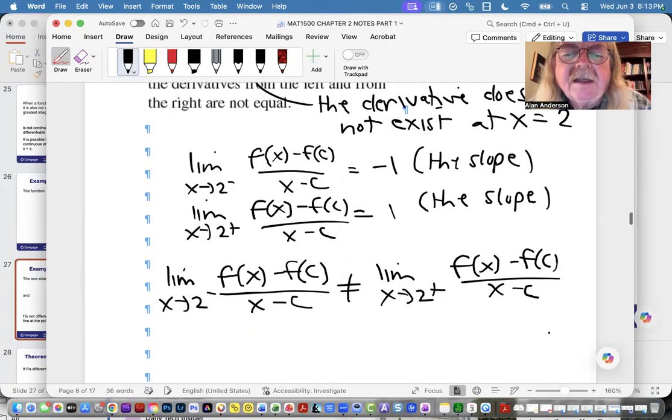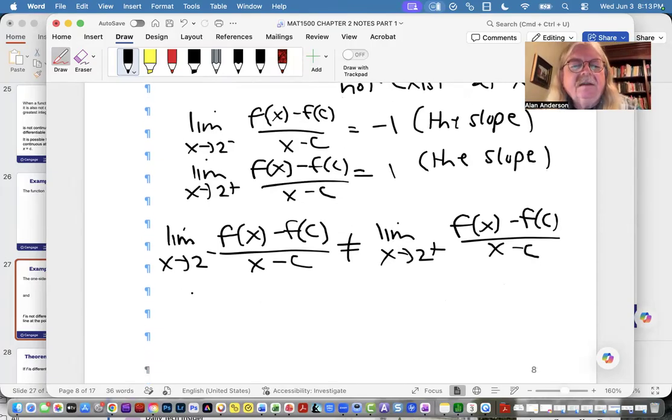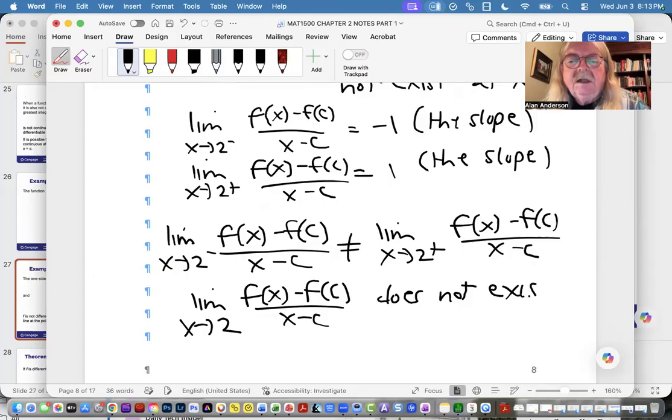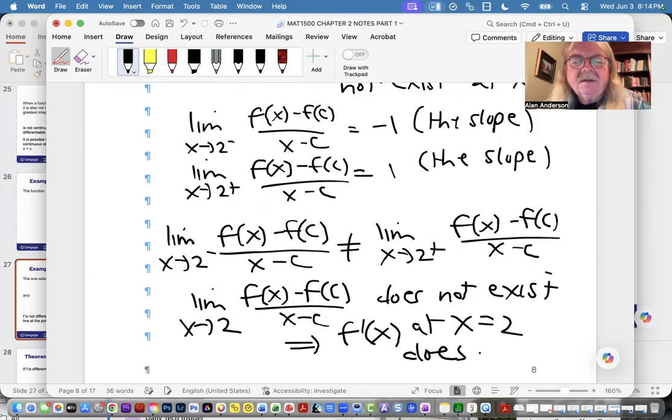And therefore the limit, as we saw in a previous chapter, does not exist, which means that f prime of x at x equals 2 also does not exist.